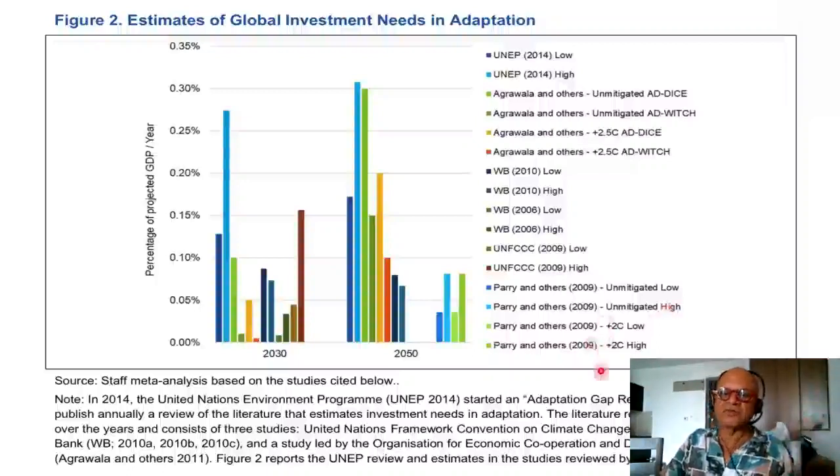And then there are others which used the global warming targets such as 2 degrees C, but nonetheless you can see the percentage of projected GDP per year is as high as above 0.3% by 2050, or as low as, in some cases, close to zero by 2030, and as low as 0.04% by 2050.